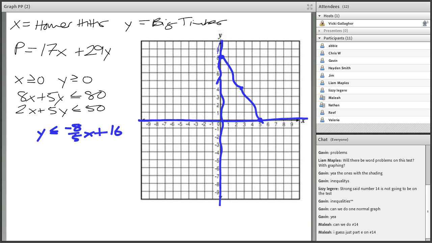For the other one, it turns into y is less than or equal to negative 2 over 5 x plus 10. So 10 would be here, and on this one we go down 2 and over 5. There's my intersection. Down 2 over 5, down 2 over 5, and down 2 over 5 again. And on these problems, you're usually looking at the area right here.